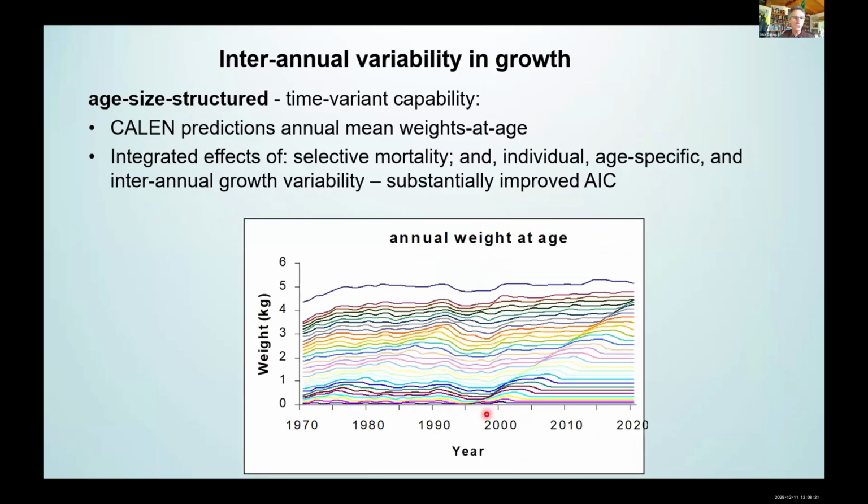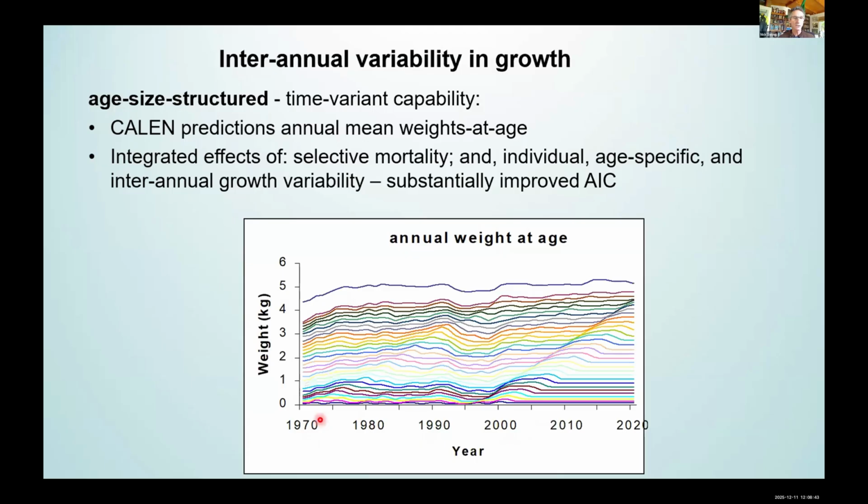So to illustrate the overall effects of these length-based processes in an age size structured model, this is just an interesting plot of the predictions of the Kalin mean weights at age for each year of the model period, where the colors are the individual age classes.